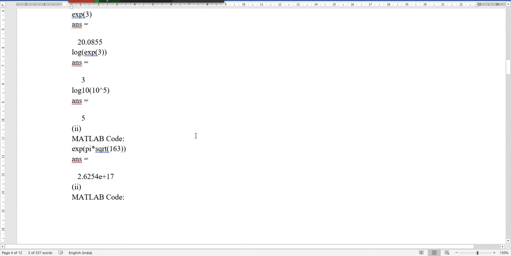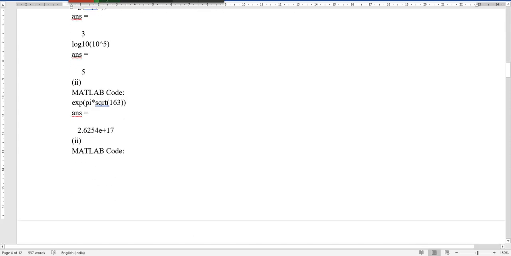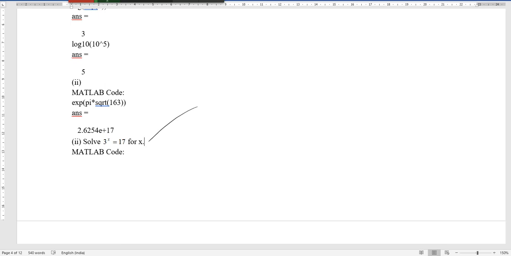Initially, because we are in the initial stage, no need to write big programs or big script files, I am writing just for understanding. Now observe this one. How to solve this problem? Mathematically, 3 power x equals 17.